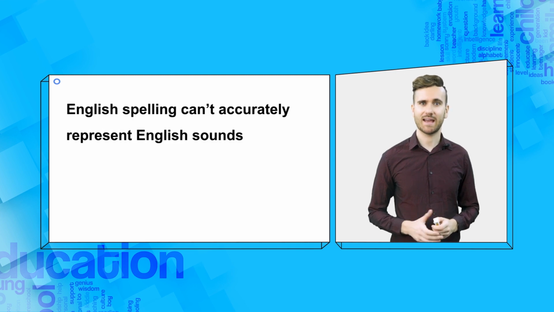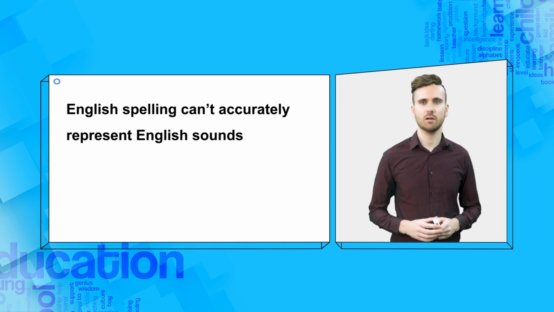From these examples, you can see that we cannot use English spelling to accurately represent the sounds of English. Thankfully, linguists also realized this over 100 years ago, and so they created a system of symbols to represent the sounds of not only English, but all languages.